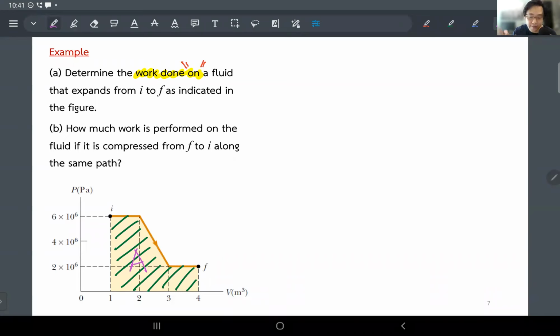So I know going from I to F is an expansion. Okay, you guys with me so far? It's an expansion. So I know for part A, W of the system is going to be positive A. You guys with me? Okay.